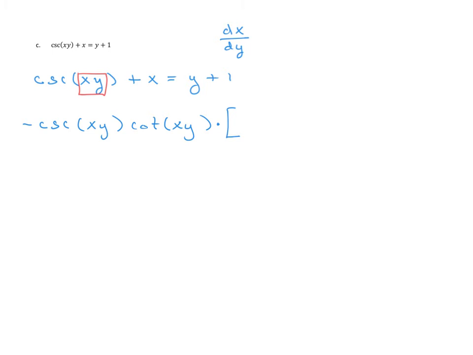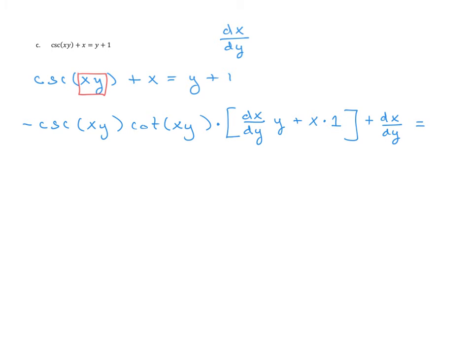So the derivative of x is dx dy, and then we leave the y alone. We add on, now we leave the x alone, but multiply by the derivative of y with respect to y, and that's 1. I then add on, here we come across an x, and the derivative of x with respect to y is dx dy.